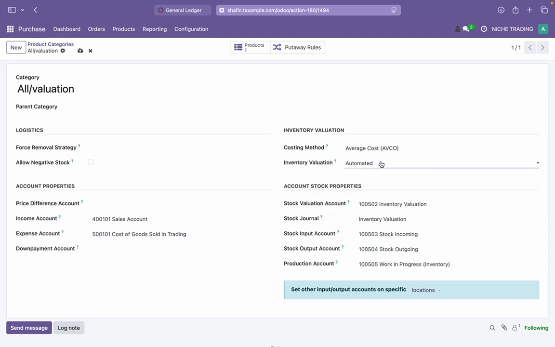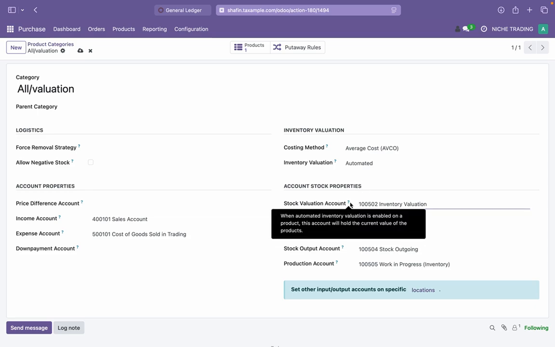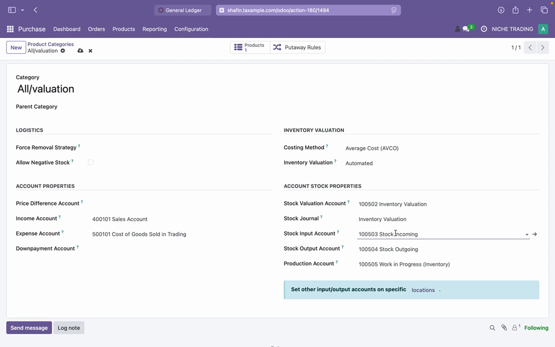After enabling this, we just have to give a quick review of the accounts that will hit whenever the system finds out an item is going in or out of the stock. These are the income and expenditure accounts that will get hit whenever cost of goods sold is hit.